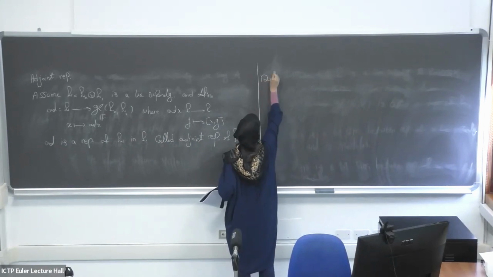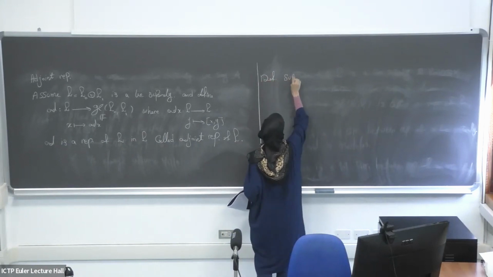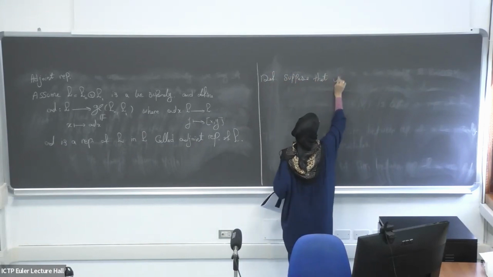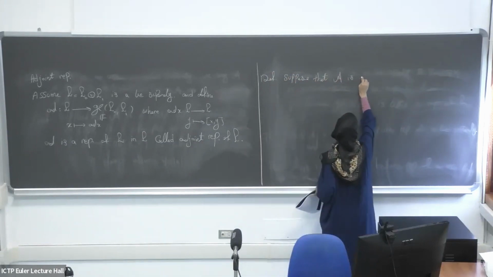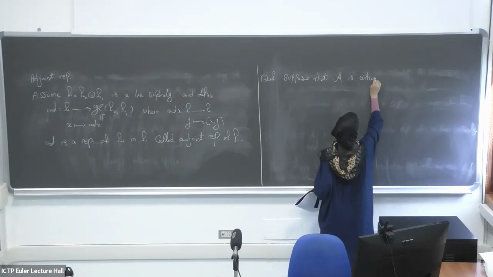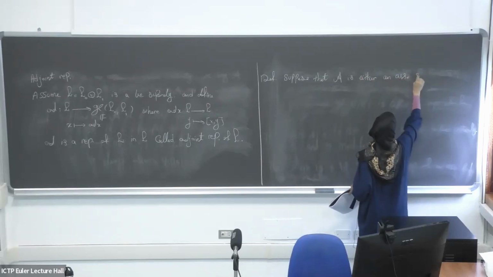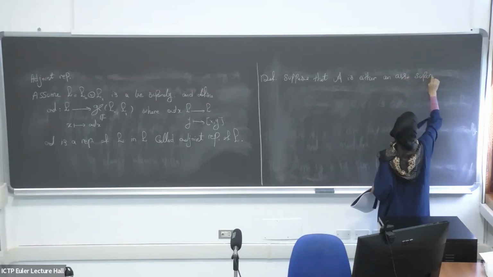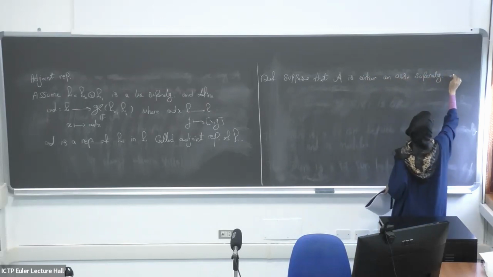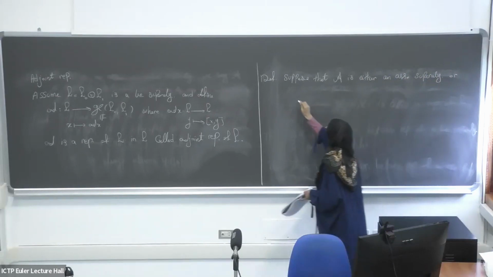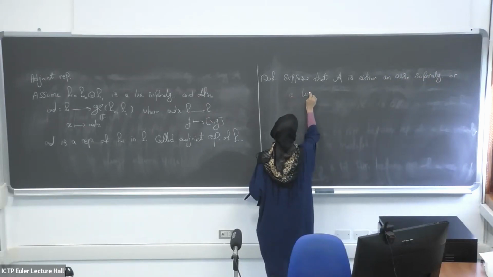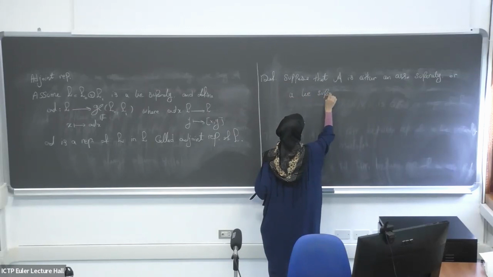Our next definition. Suppose that A is either an associative superalgebra or a Lie superalgebra.